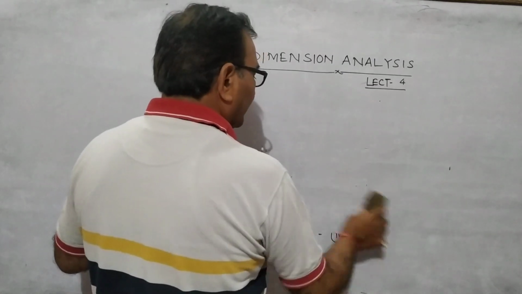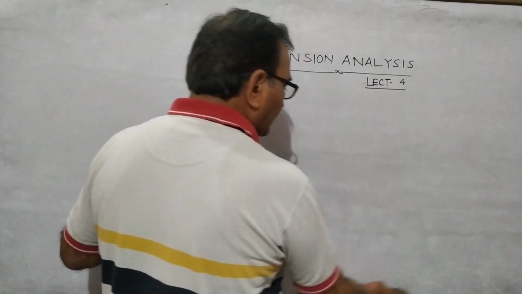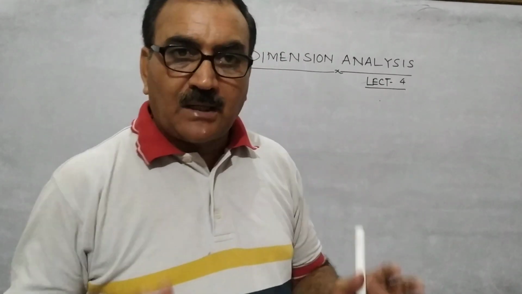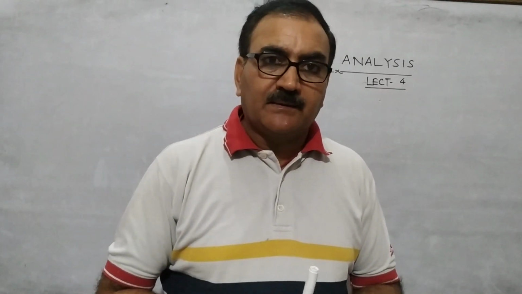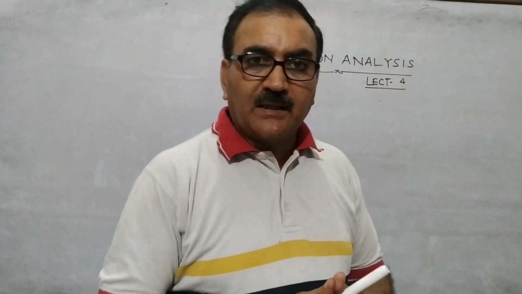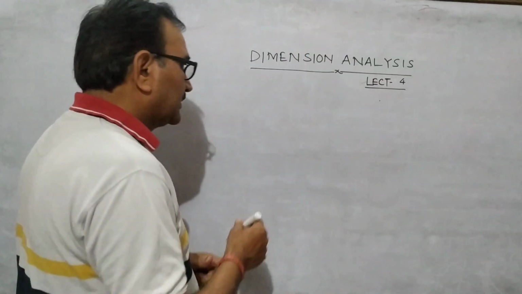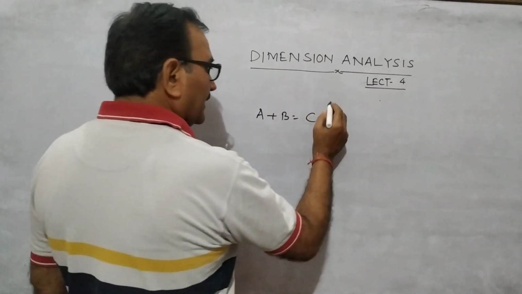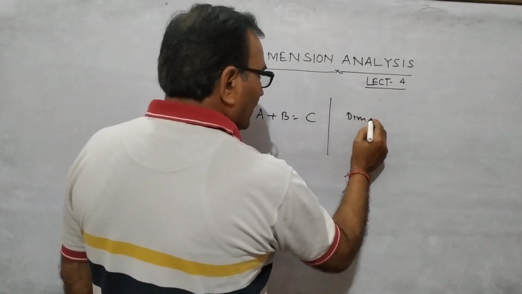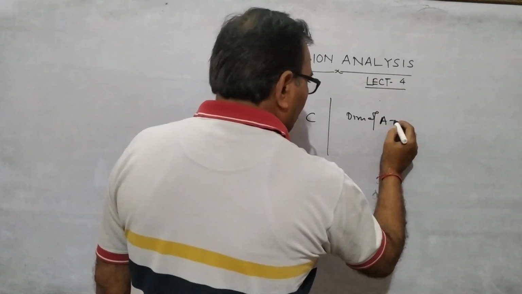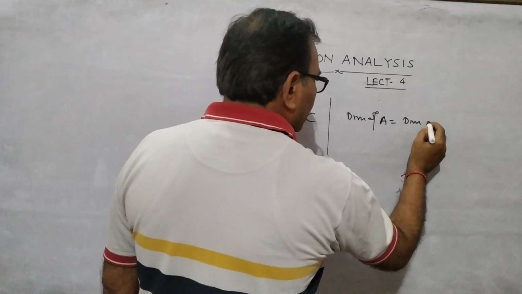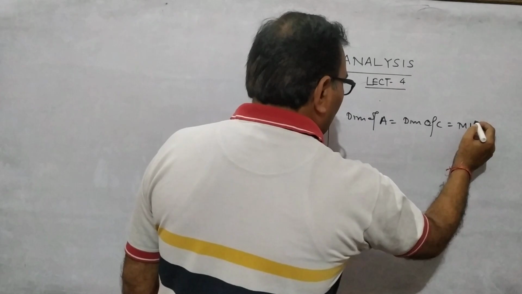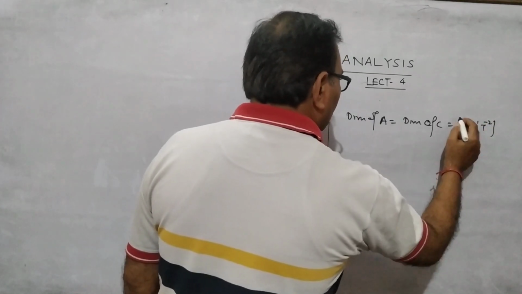Now see another question here. One thing to remember: same-dimensional quantities can be added or subtracted. Suppose you have A plus B equals C, and the dimension of A equals the dimension of C, that is M L to the power minus 1 T to the power minus 2.